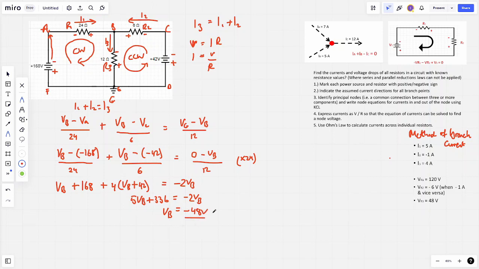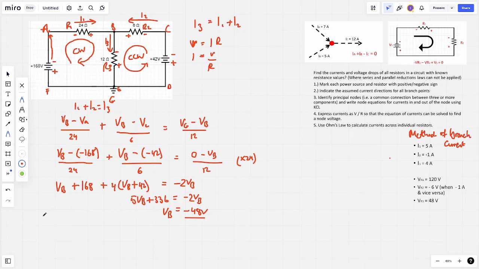What we can do is take this new VB and plug it in to the voltage drops across R1 and R2. Remember, this is the voltage drop across resistor 1, this is the voltage drop across resistor 2, and likewise this is the voltage drop across resistor 3.